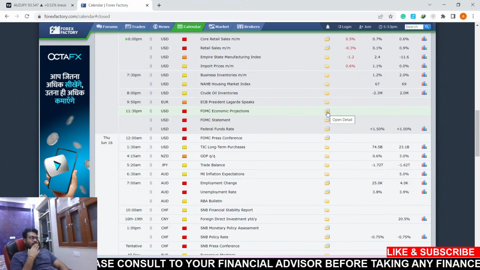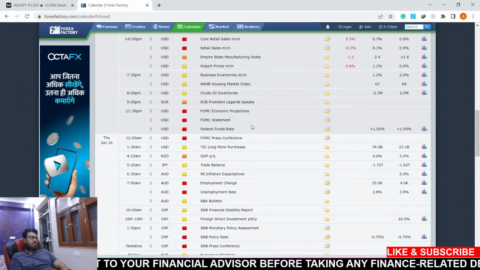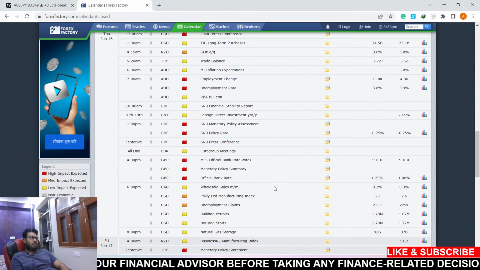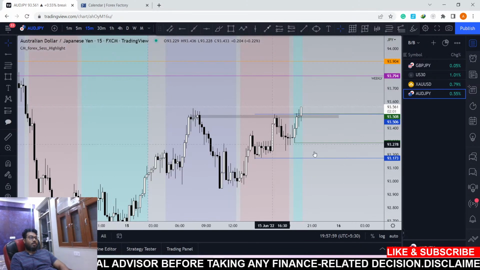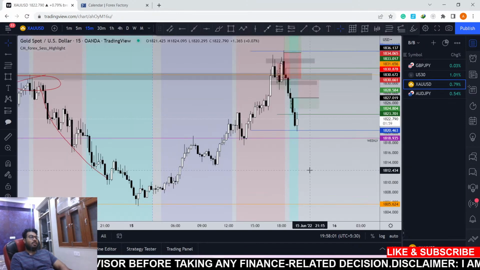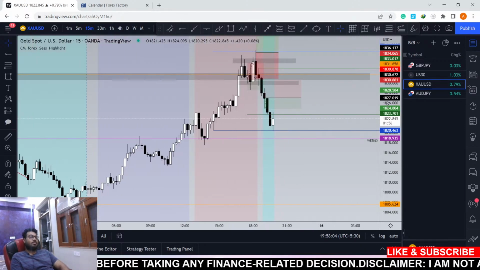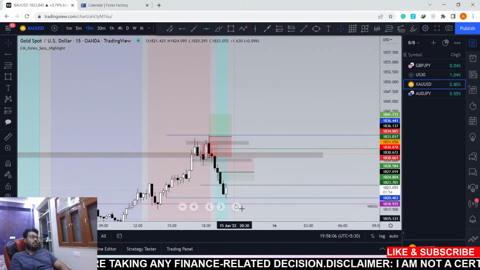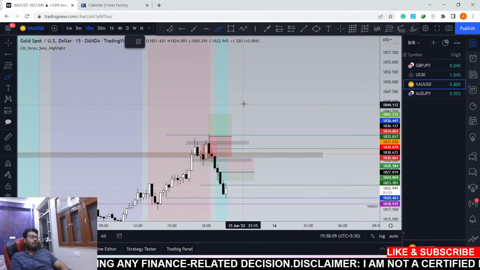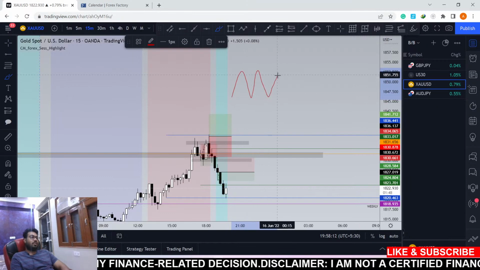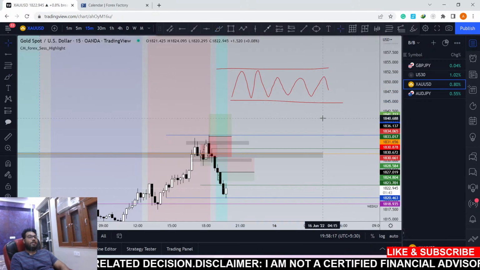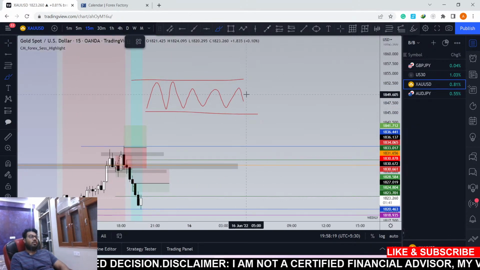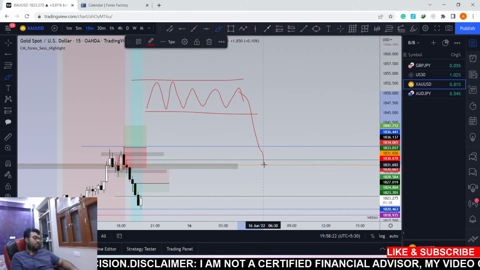But today I will not be taking this sort of trade with a high impact news. And that is the reason why we are seeing this slowdown in the market. If any news of that sort is coming around, the market tries to accumulate as many orders as it can, so that when the high impact news arrives, they can move the market in their direction as much as they can.